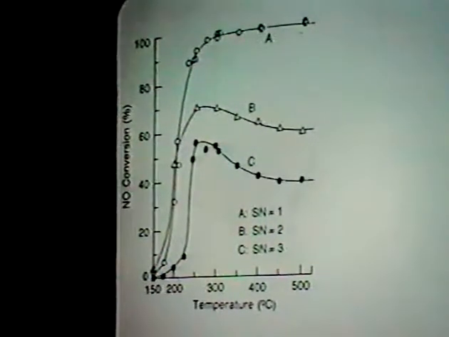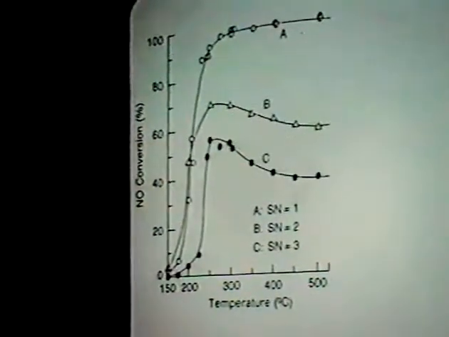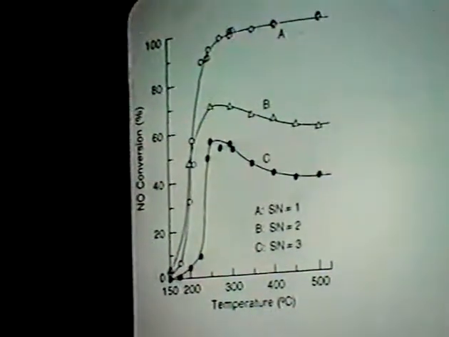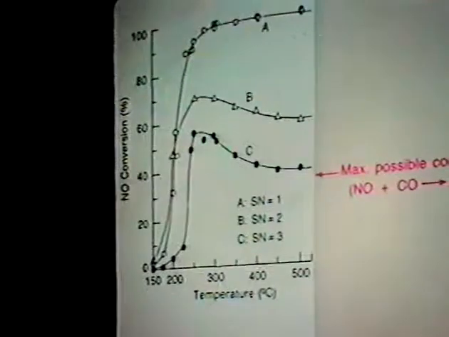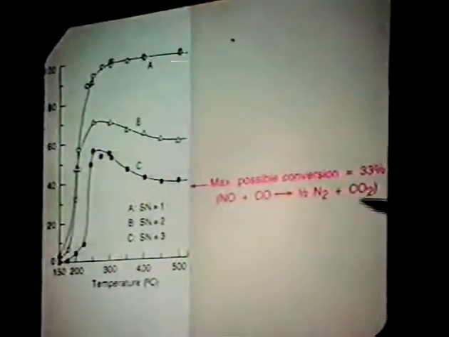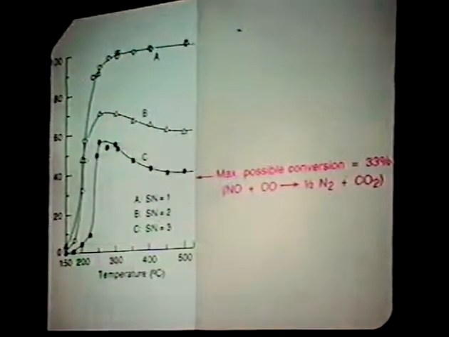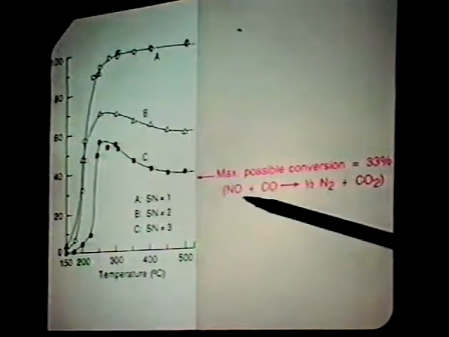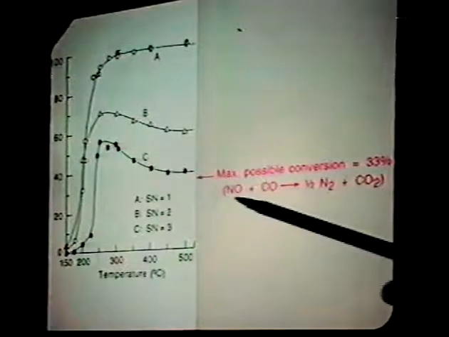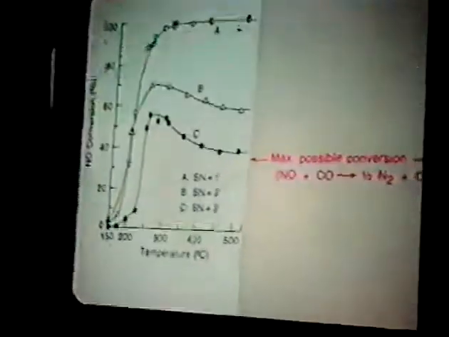And the next thing we start to realize is that those maxima are not physically acceptable, because, for example, on curve C, the maximum possible conversion should be 33% because of a 3-to-1 ratio, if the reaction pathway is the well-known, traditional 1-to-1 stoichiometry.